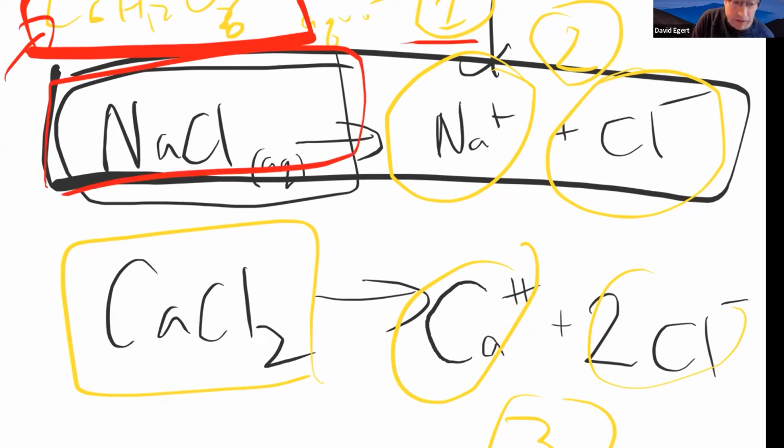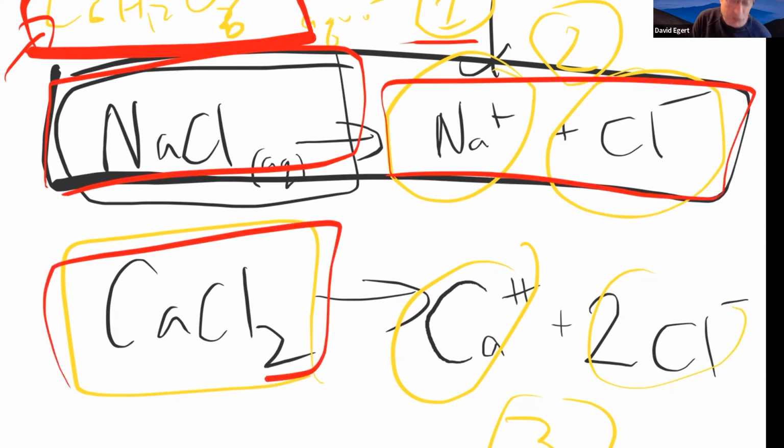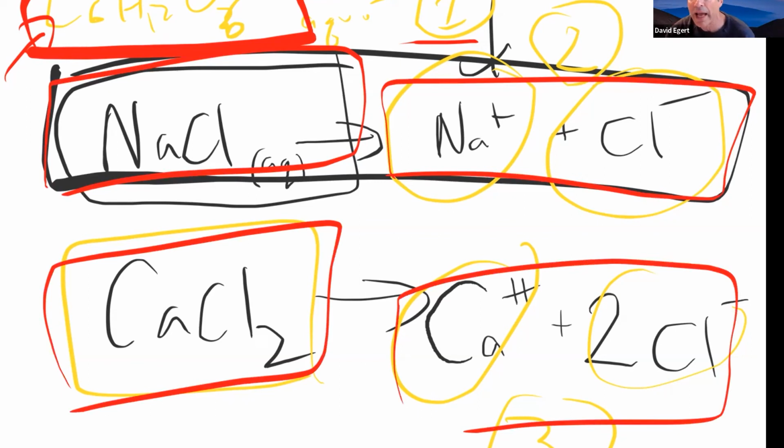Does it dissociate into 2 pieces, in which case you've got twice as many particles as molecules? Does it dissociate into 3 pieces, in which case we have 3 times as many particles as molecules.